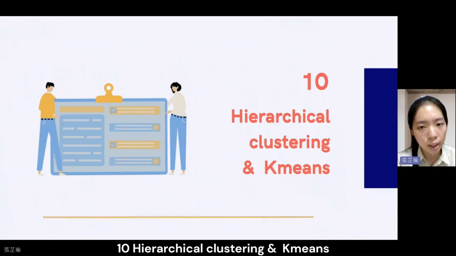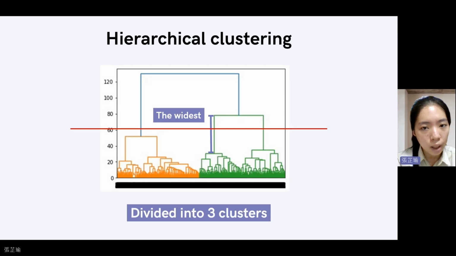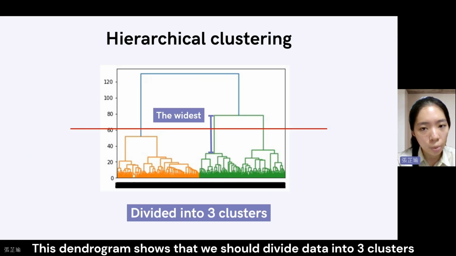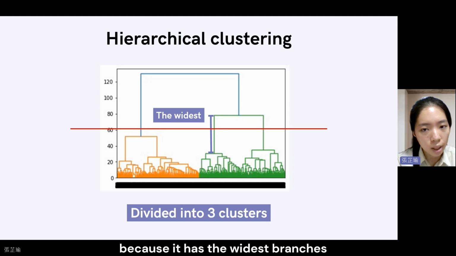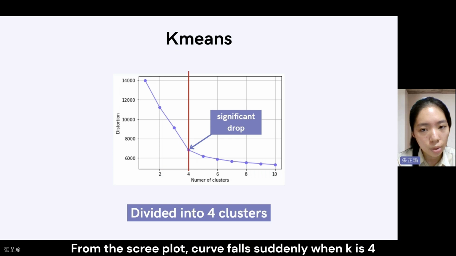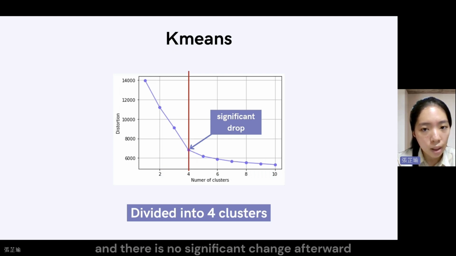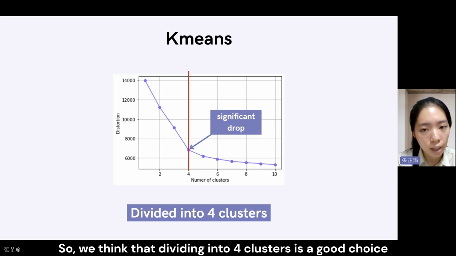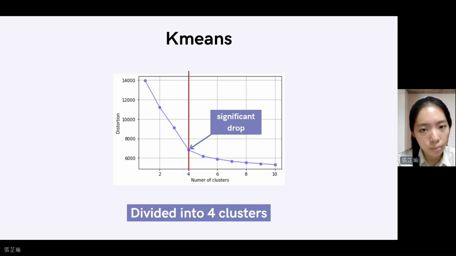And Zhang Ziyu will talk about hierarchical clustering and k-means. This diagram shows that we should divide this data into 3 clusters because it has the widest branches. From the scree plot, the curve falls suddenly when k is 4, and there is no significant change afterward, so we think that dividing into 4 clusters is a good choice.